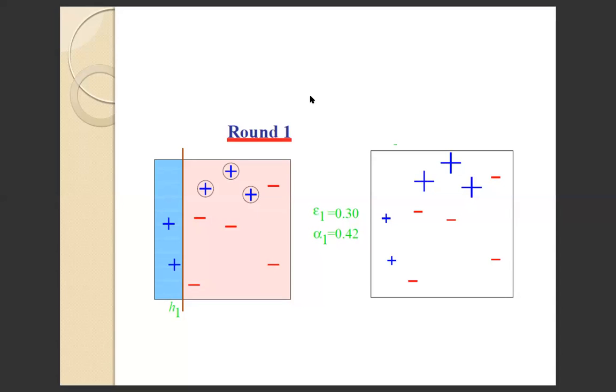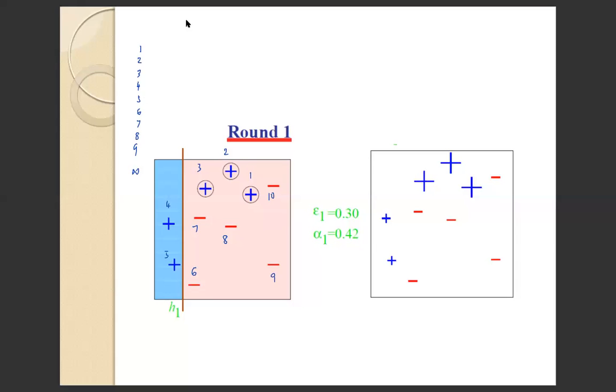Okay, so how do we actually move through this? Let's give our observations some kind of label. This is 1, 2, 3, 4, 5, 6, 7, 8, 9, 10.